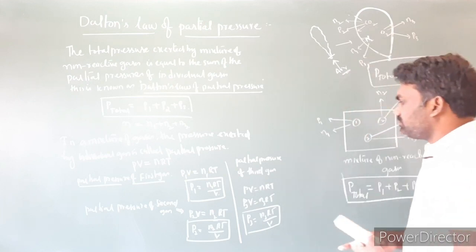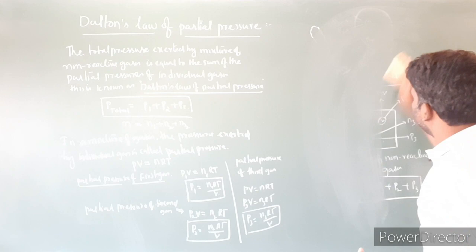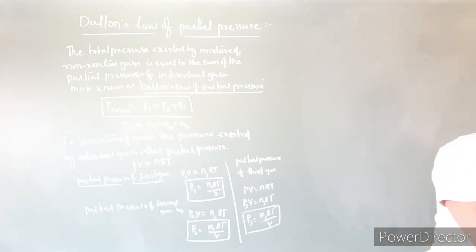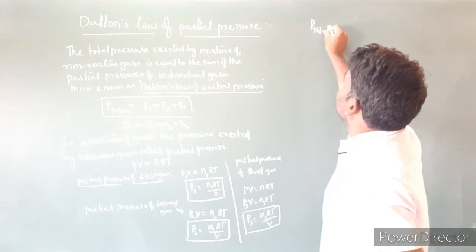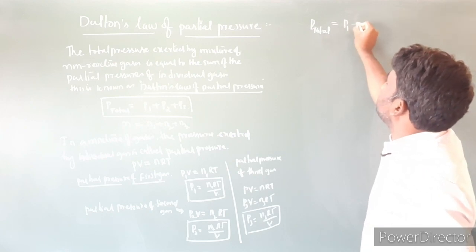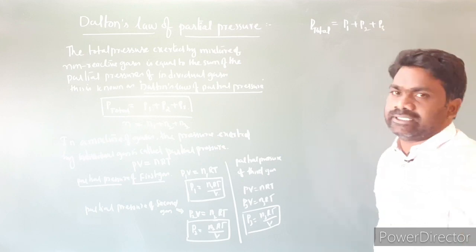Next, the total pressure. We know that P total is equal to, what is the formula we have? Partial pressure of the first gas plus partial pressure of the second gas plus partial pressure of the third gas, isn't it?